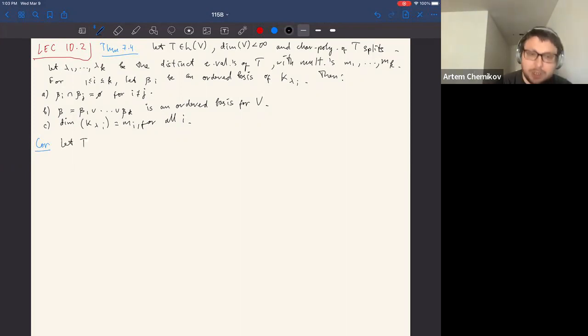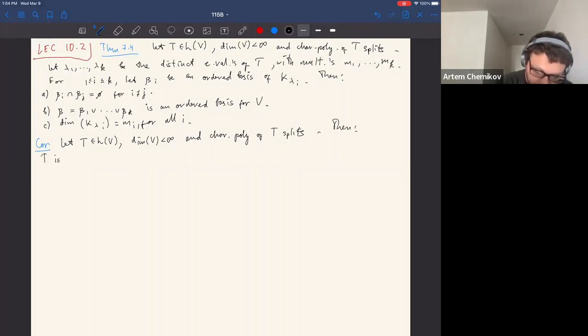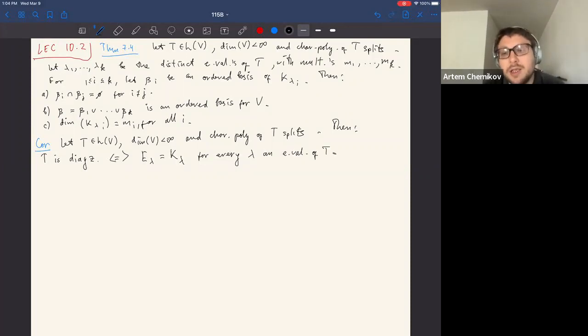Namely, if we're in the same situation, so T is a linear operator on V, the dimension of the space is finite, and the characteristic polynomial of T splits, then the linear operator T is diagonalizable if and only if each of the generalized eigenspaces K lambda is equal to the usual eigenspace E lambda, for every lambda an eigenvalue of T. So we have yet another criterion for diagonalizability of a linear operator.